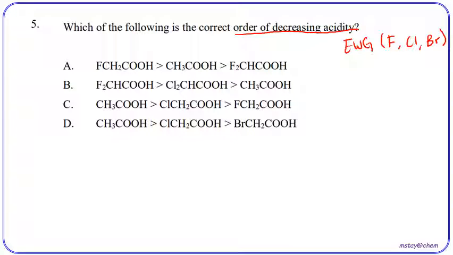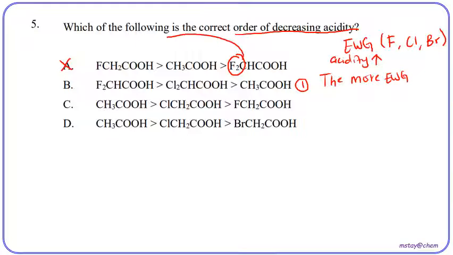So option A is wrong, because this one has two EWG. The more EWG, the more acidity will be increased. So this one supposedly is the most acidic.